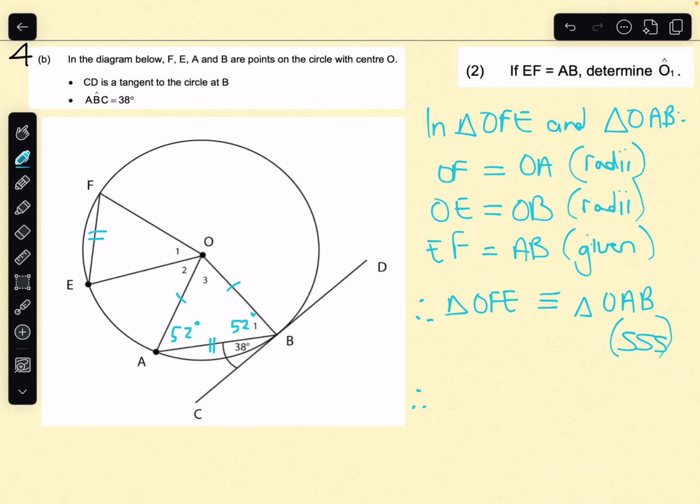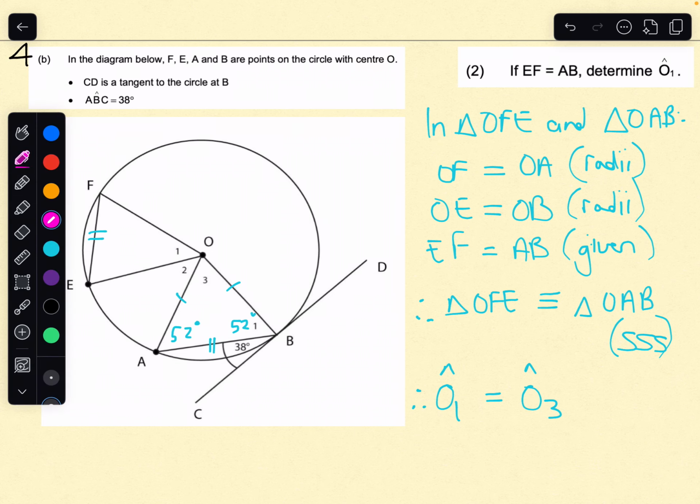And so therefore, what do I want to say? Therefore, angle O1 is equal to angle O3, right? Because, I'll just color code this, O, F goes with A, E goes with B, right? So those two are equal, those two are equal, those two are equal.